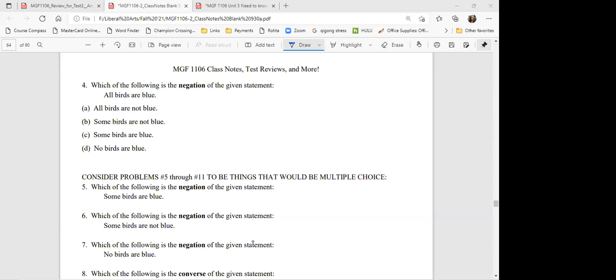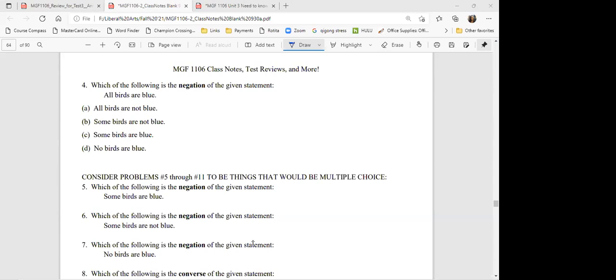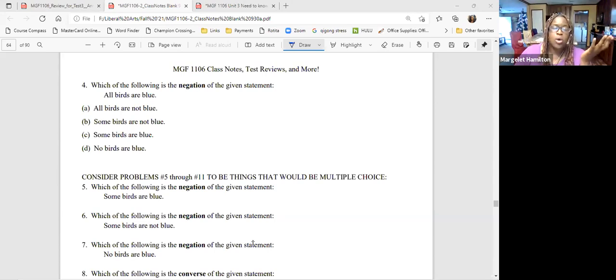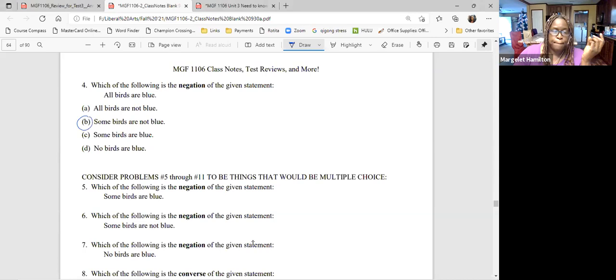We say B because when we think about it, close your eyes, you can see the structure. We're looking at the toggle lines and know where they go. And we know that "all are" negates to "some are not."